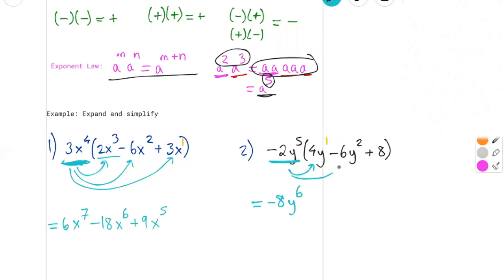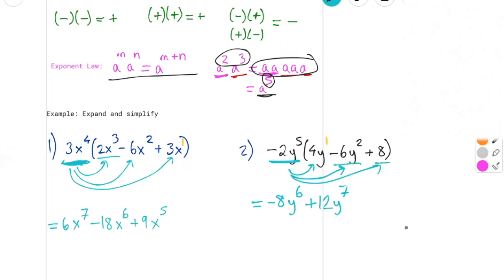Then let's continue next. Negative 2 times negative 6, positive 12. Y to the 5 times y to the 2, y to the 7. So you're figuring out what the new coefficient should be. Negative 2 times negative 6 is 12. And also what the new exponent should be on the y. Y to the 5 times y squared is y to the 7.